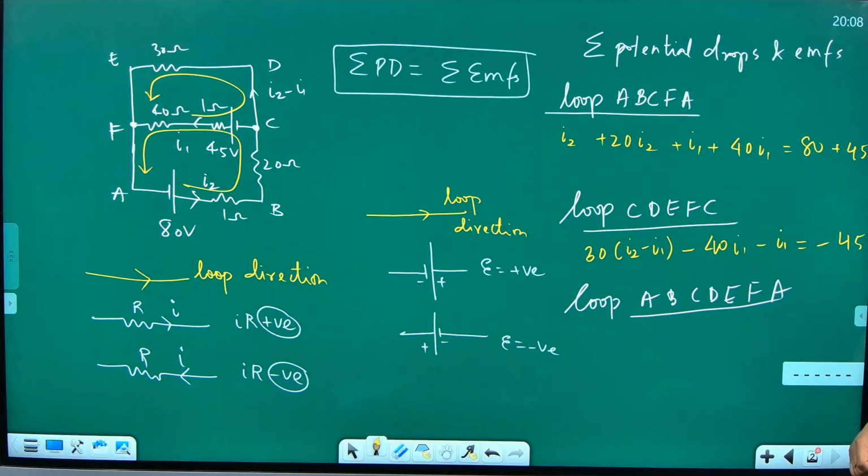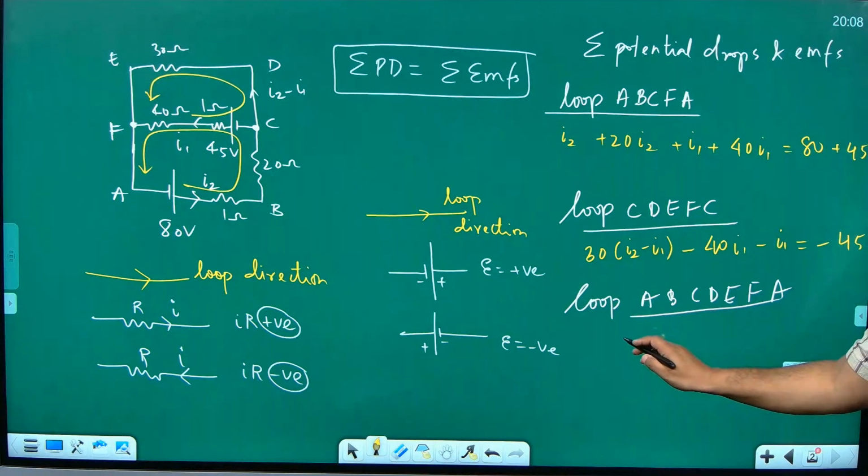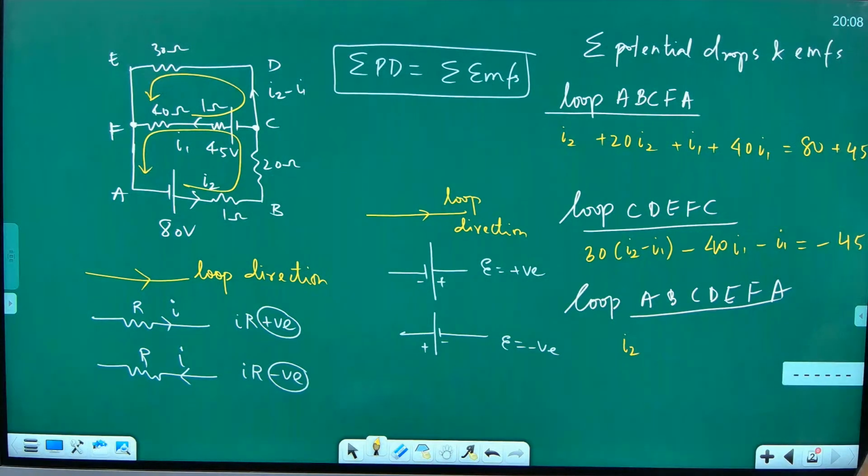Next I am going to ask Varshita Shri. Unmute yourself. Loop A, B, C, D, E, F, A. Try. Yes. I2. Yes. Plus 20 I2. Great.